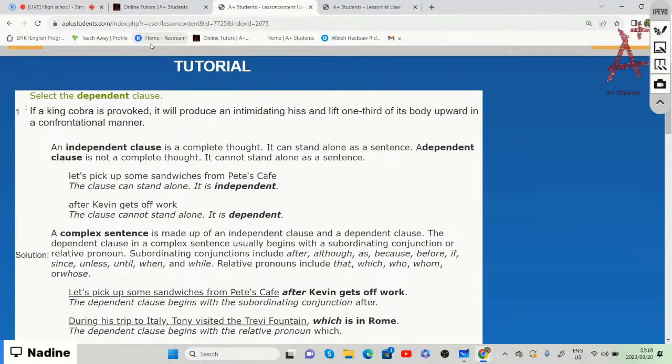And then we have the complex sentence. A complex sentence is made up of an independent clause as well as a dependent clause. The dependent clause in a complex sentence usually begins with a subordinating conjunction, or what we call a relative pronoun.